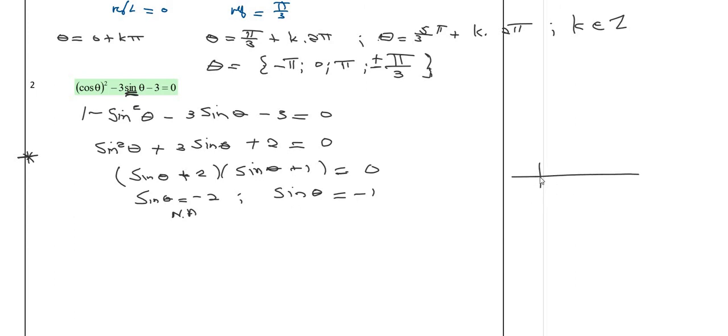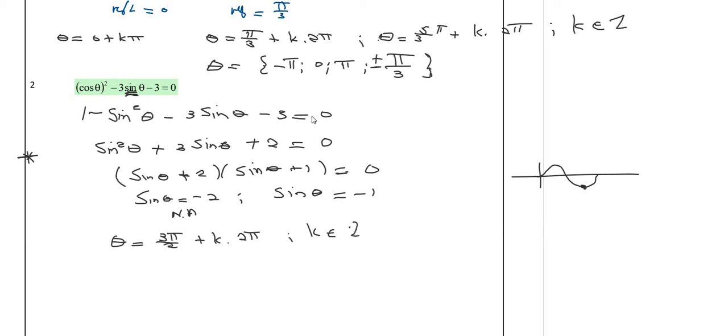Now once again, if I draw my sine graph, I see there's only one place where it can be -1, and it repeats every 2 pi. So that is at 3 pi over 2. So therefore theta is 3 pi over 2 plus k times 2 pi, and k is an element of z.